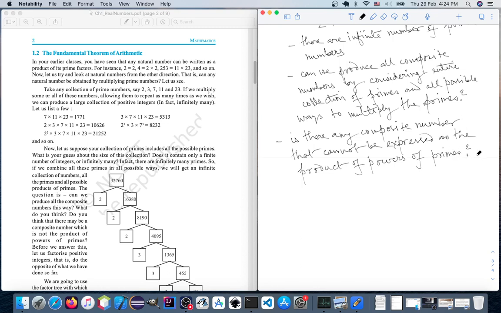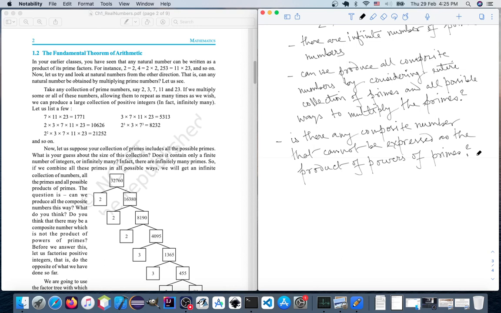So it is asking whether there is any composite number that cannot be factorized, that cannot be written as a product of primes, or possibly some powers of some primes.